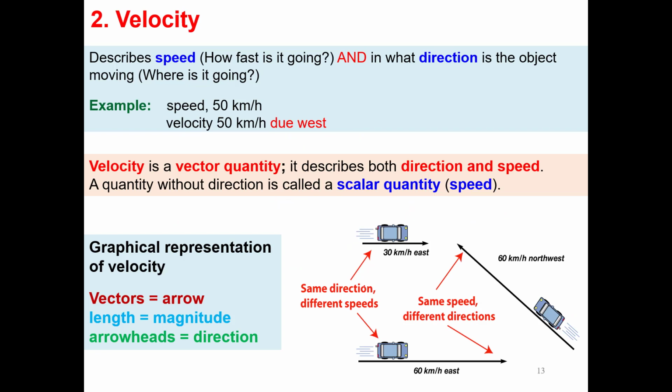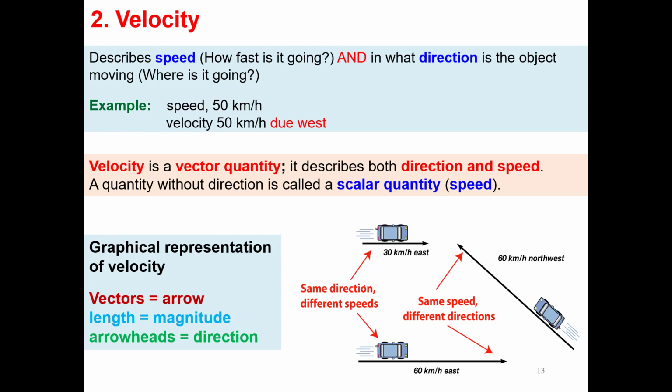Now let's talk about velocity. When we say speed, it describes how fast some object is going. But if we want to describe the direction, where the object is going, and we describe both speed and direction, then we are talking about velocity.